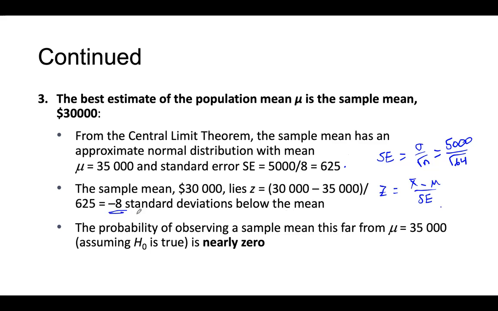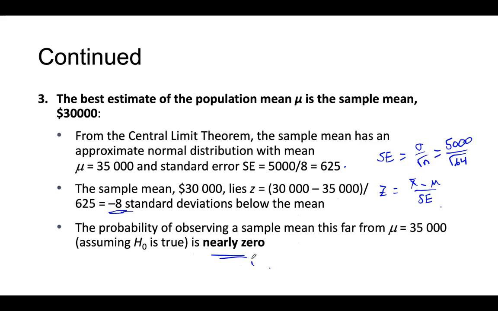So Z is the number of standard deviations away from the mean. -8 is very far away from that center point. So the probability of observing a sample mean this far away from 35 is nearly 0, assuming that this null hypothesis is actually true.